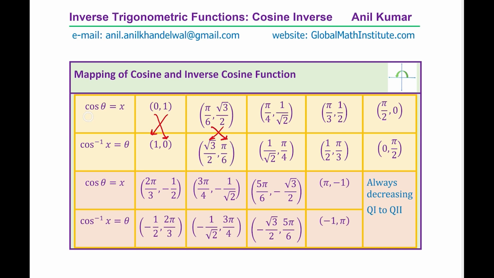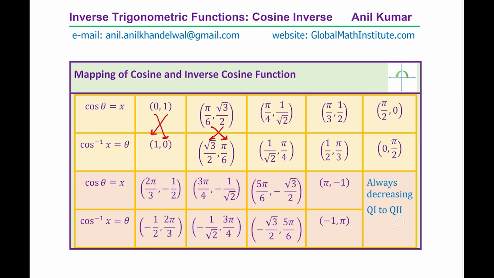When you are trying to find cosine of any angle, you get a value x. Inverse, we get the radian answer, the angle, principal angle between quadrant 1 and quadrant 2. Does that make sense? Correct?